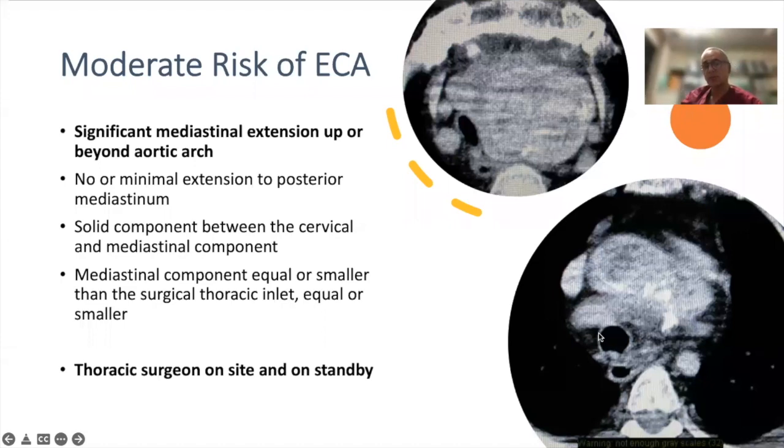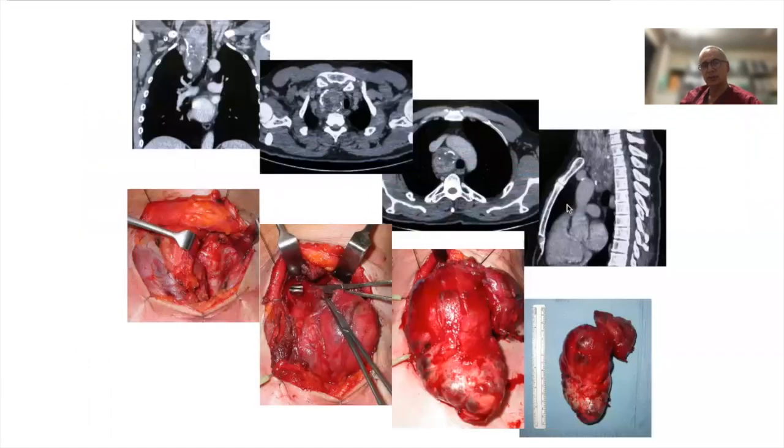The mediastinal component is equal or smaller, and you can again basically pull them through. But then you'll think, well, that's going to be perhaps a little bit difficult. You may have a potential problem with the vessels, and therefore a thoracic surgeon needs to be on site on standby. And this is a classical clinical example.